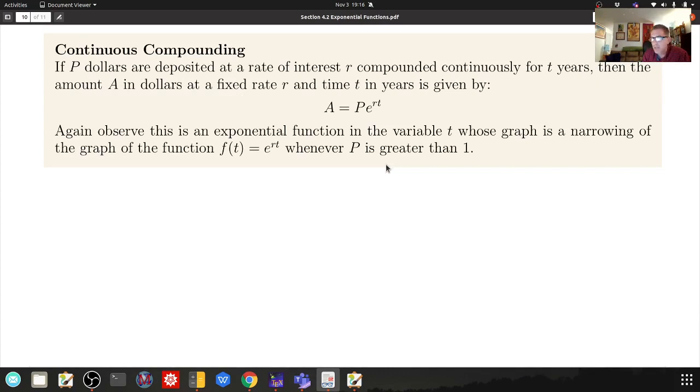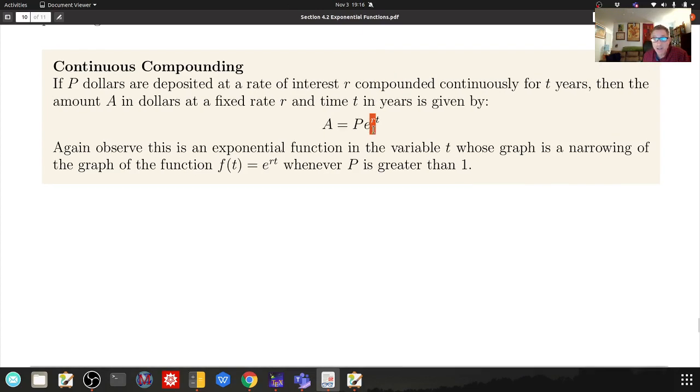So here we have another formula. If $P are deposited at a rate of interest R, compounded continuously for T years, then the amount A in dollars at a fixed rate R in time T in years is given by A equals P times e. So our base is a constant now. It's Euler's constant, e raised to the rt.